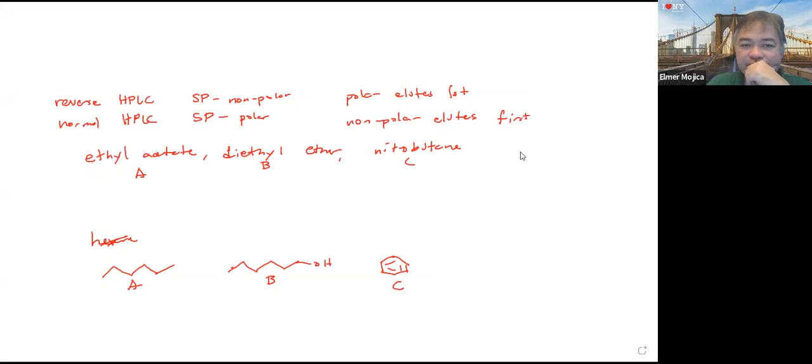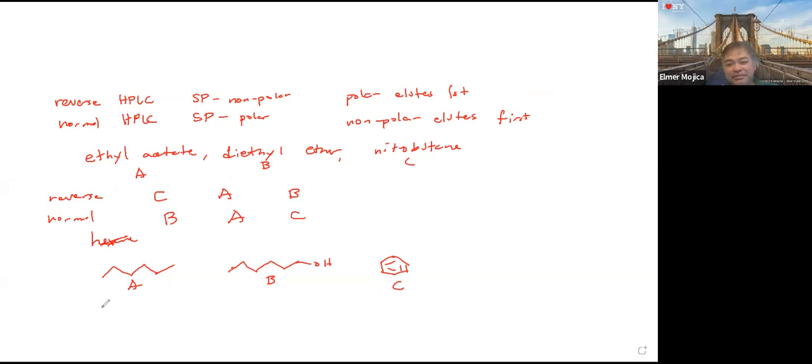Yung iba, I can always change it in the questioning, right? So if it's a reverse, I would say this one will elute first, followed by A, and then B. But if it is normal, it's B, A, and C.